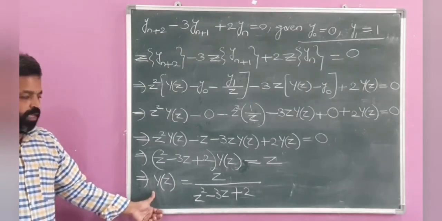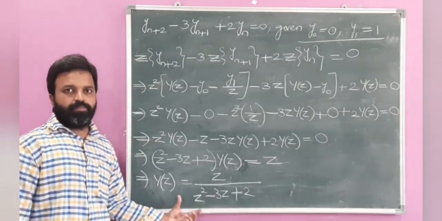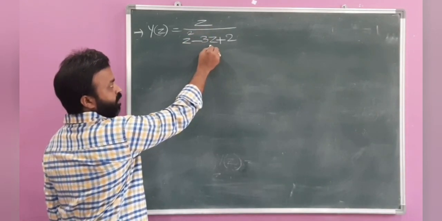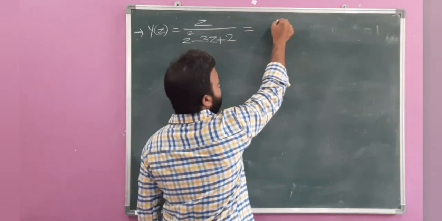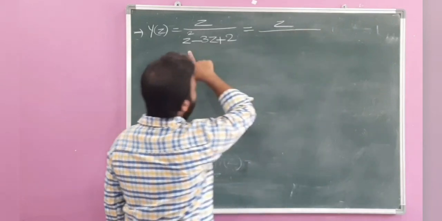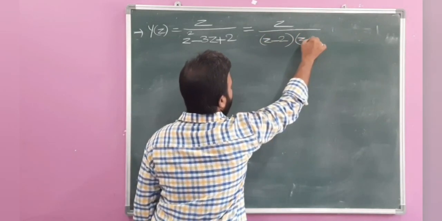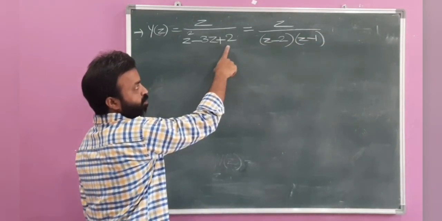To get y(n), we apply inverse Z transform on both sides. So we have Y(z) equal to z by z square minus 3z plus 2. This can be written as z by, the factors for this are z minus 2 and z minus 1. So the product of z minus 2 and z minus 1 gives z square minus 3z plus 2.